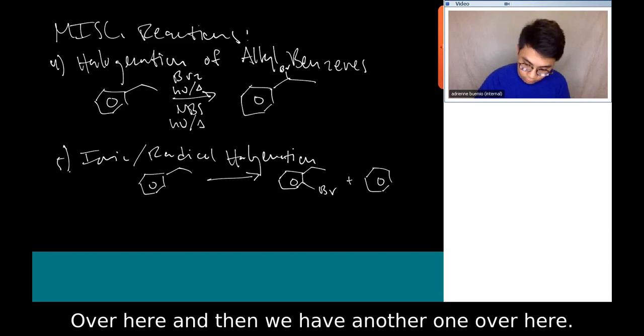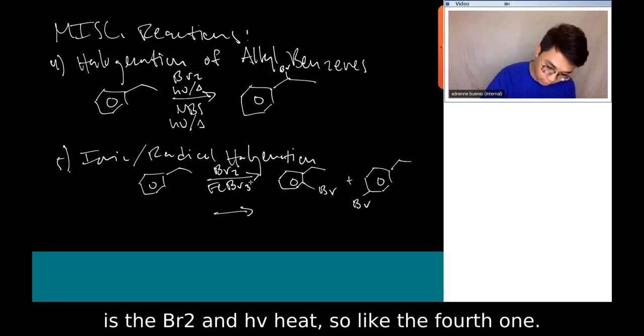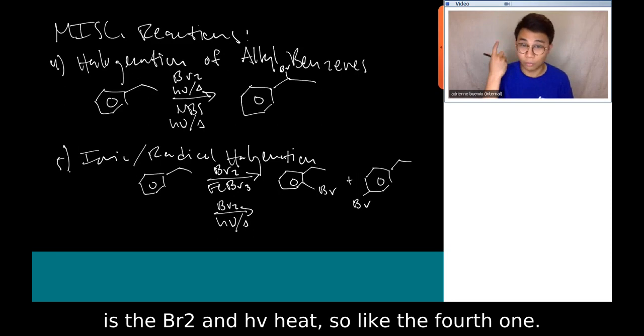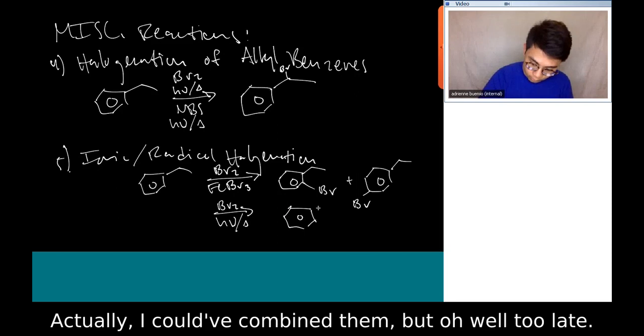Over here, and then we have another one over here. This one is just the Br2 with FeBr3, and this one's the Br2 and hv, heat, like the fourth one. Actually, I could have combined them, but oh well, too late.